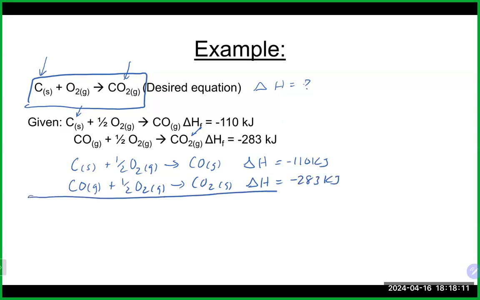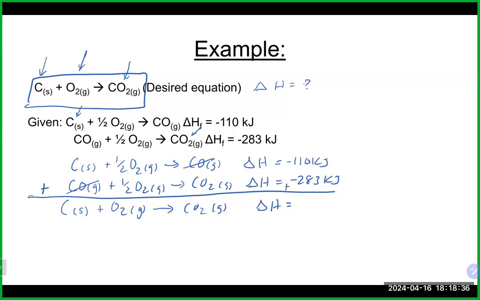And now if I did this correctly and I add these together, I should end up with this equation. We will have our CO cancel, and I think that's it. So on the left here, we have 1 carbon. Half and half gives me 1 O2 and CO2. My delta H for this reaction then would be just adding these together in this case.